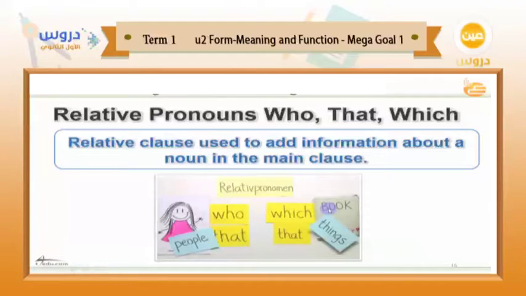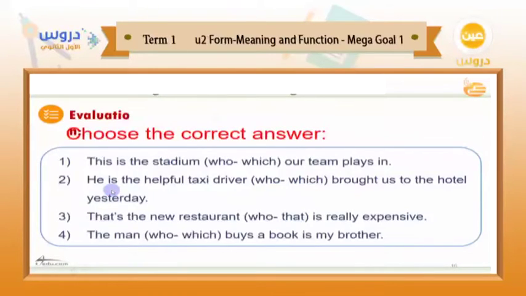And once we are talking about things, as you can see here, we use which and that. So simply, who comes with people, which comes with things. We use relative clauses to add information about a noun in the main clause. All right? It's who and that and also which.